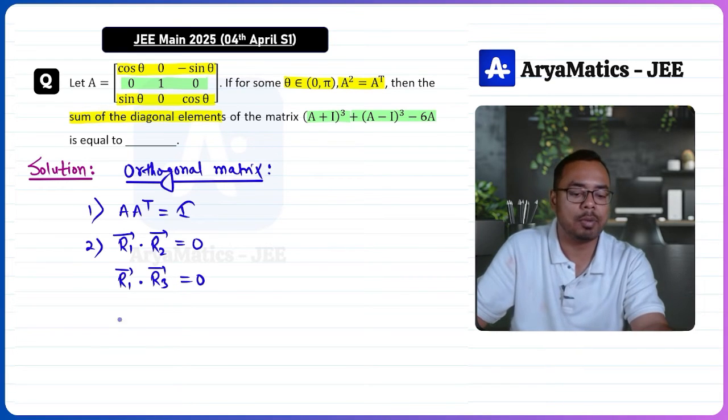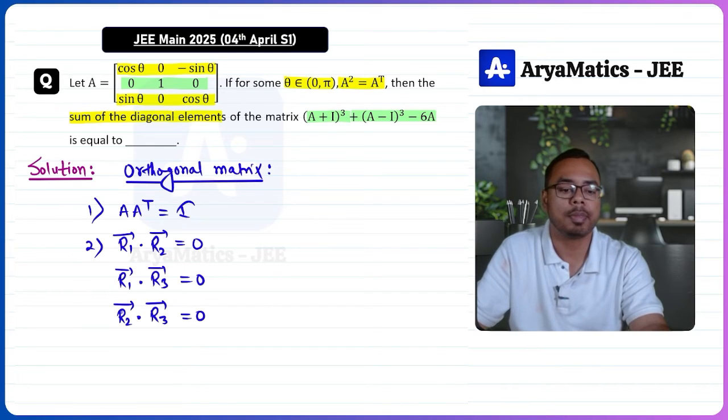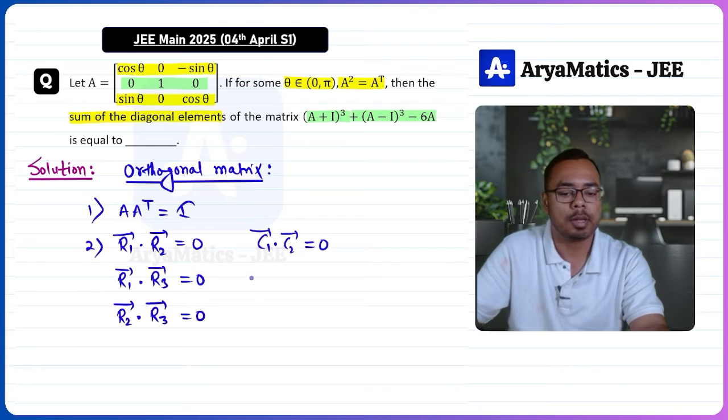Right? You can take any one row and any other row, and those two row vectors are perpendicular vectors. That means their dot product will be 0. You can take R1, R2, R1, R3 or R2, R3. And the same thing you can say for columns also. That means first column C1 is perpendicular to C2, right?